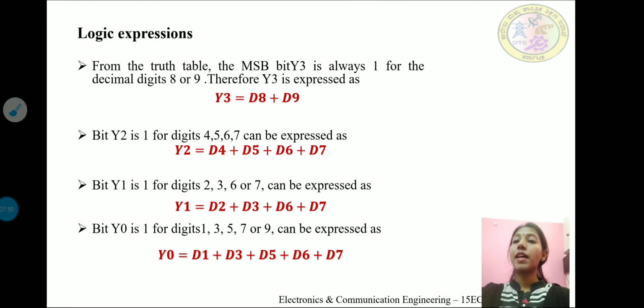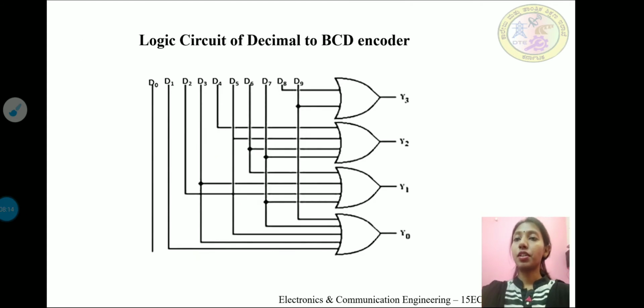For Y1, that is Y1 is equal to D2 or D3 or D6 or D7, since it has 4 decimal digits in the expression, we require a 4 input OR gate. And for Y0, since there are 5 decimal digits D1, D3, D5, D7, D9 in the expression, we require a 5 input OR gate. The circuit is implemented as shown in this diagram.